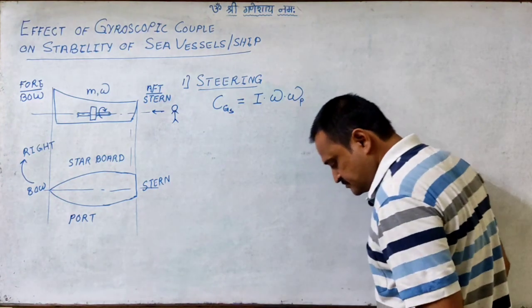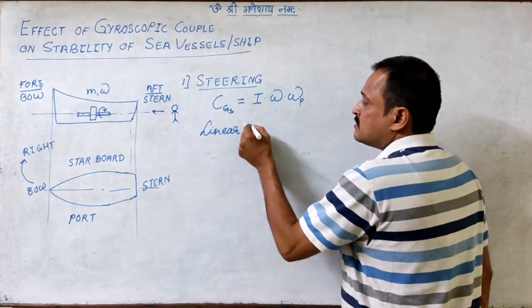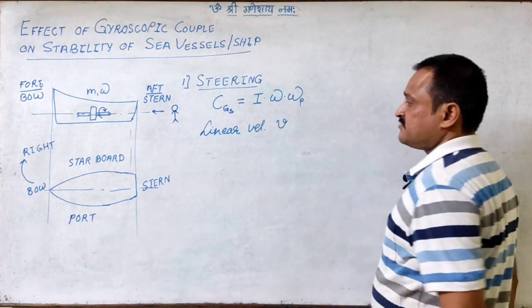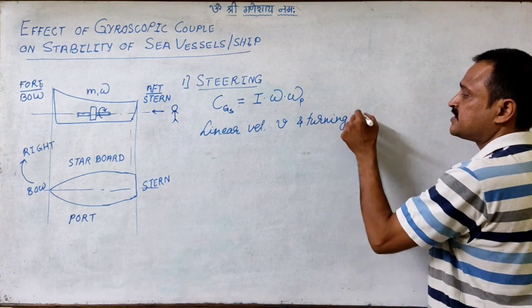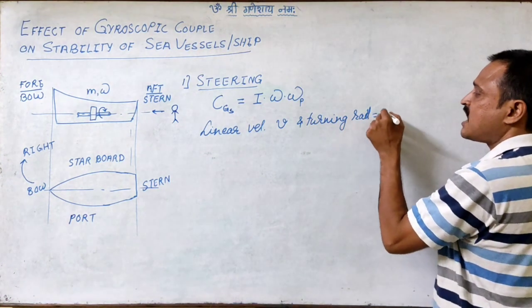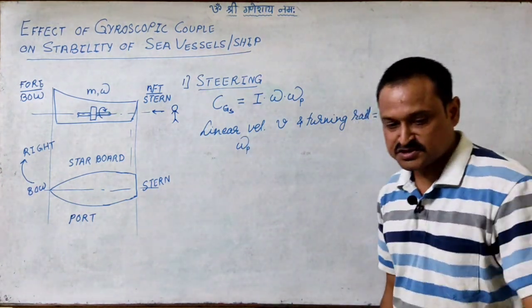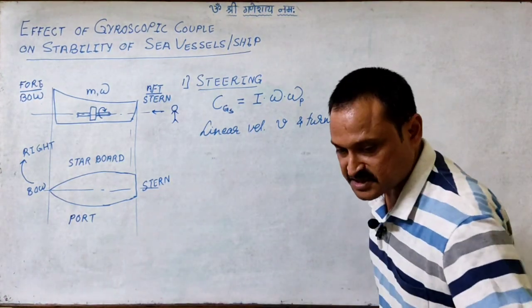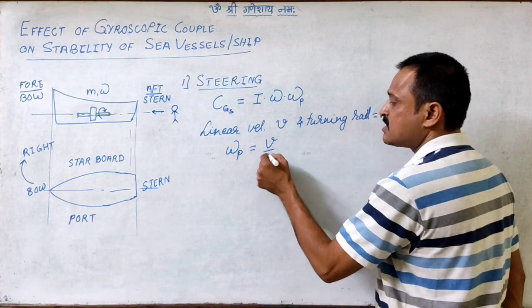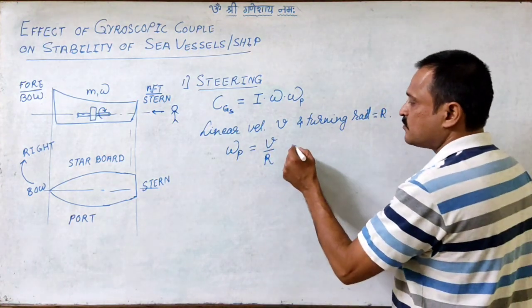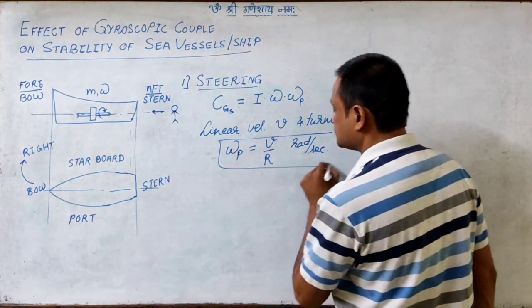So the precession velocity, omega p, is equal to v by r. This is the magnitude of the precession velocity.